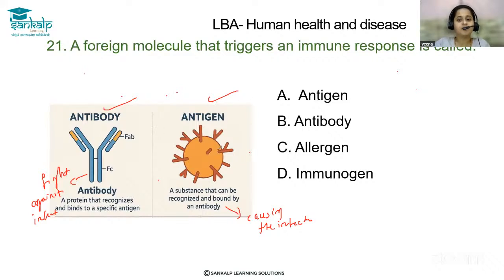That's the antigen. The correct answer is not immunogen, not allergen, not antibody. The antibody is the protein that fights against the antigen. So the correct answer is option A, antigen.